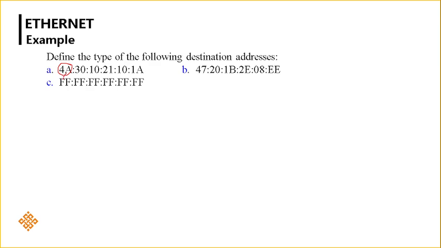In that, 4A: 4 can be represented using 4 bits, that is 0100, and similarly A is nothing but 10, which is represented as 1010. Now you need to see only the first bit in that first byte. What is it? It is 0. So once it is 0, we call it unicasting.